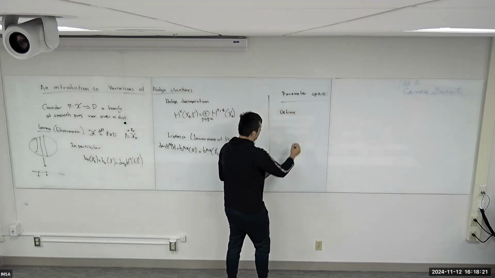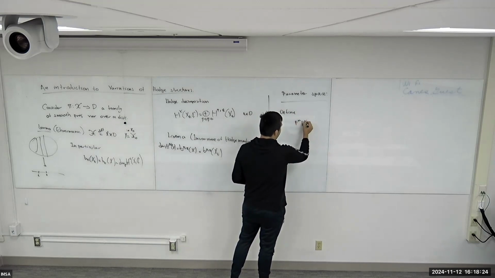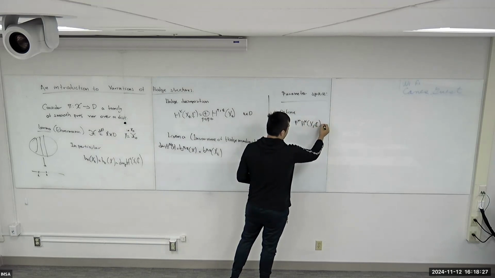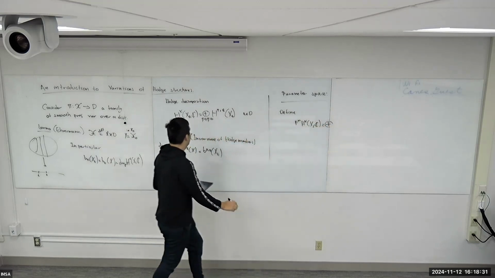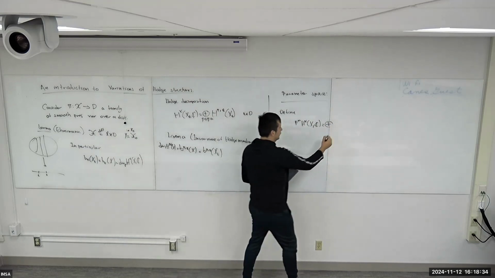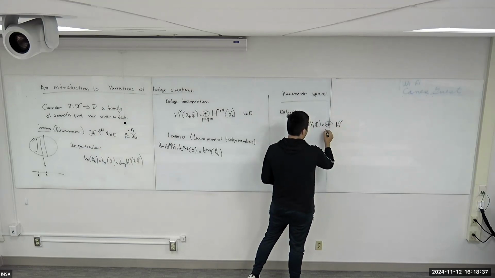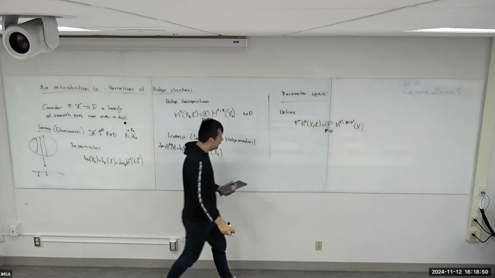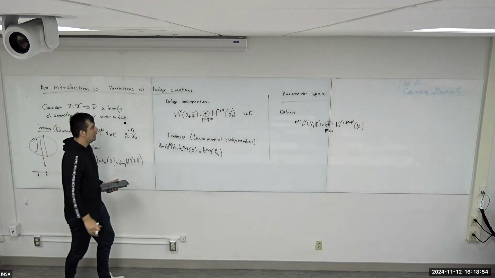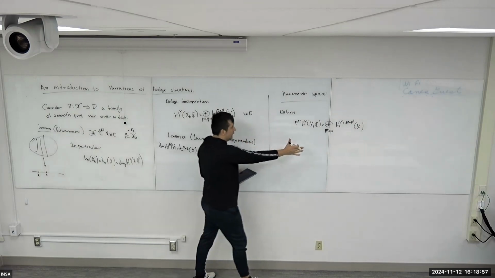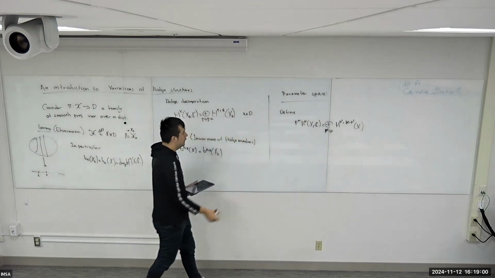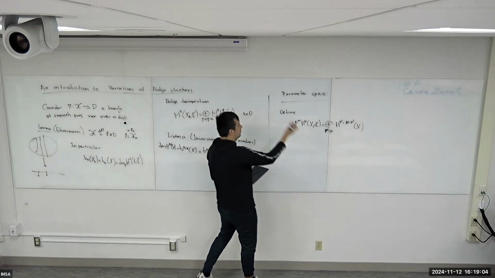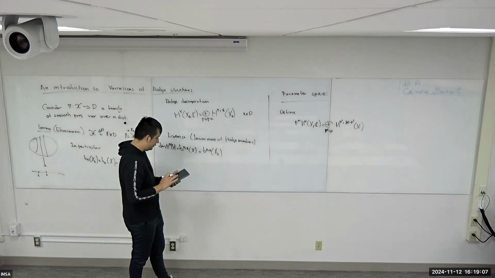We will define F^p H^k of X. This is going to be those parts of the Hodge decomposition that have p prime bigger than or equal to p, that is H^{p', k-p'} of X. Whenever you have a Hodge decomposition, you can define something like this, which is called a filtration, and you can recover the Hodge decomposition, but I'm not doing this.